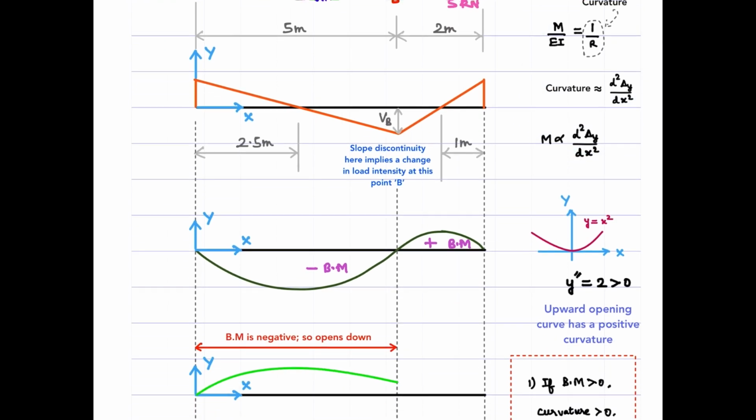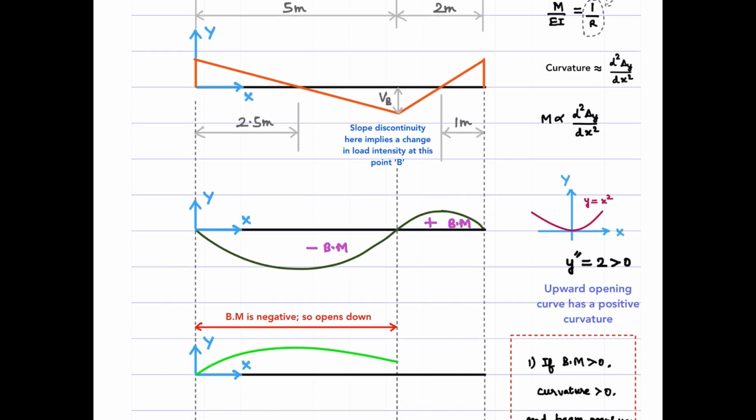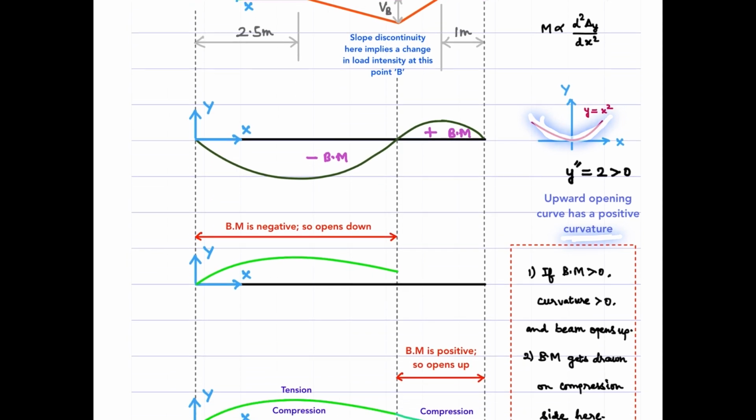If we consider a simple case wherein we take the equation of an upward opening parabola, which is y equal to x square, you can see that d square y by dx square, which is the curvature, is positive here. That means if the geometric figure has the upward opening trend, then it is going to have a positive curvature. That is the message conveyed here, right?